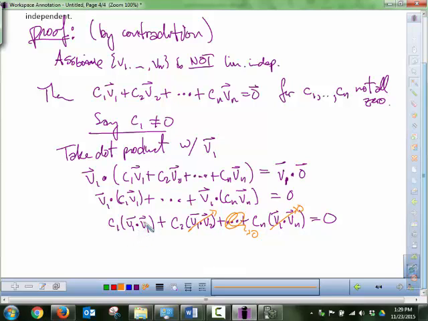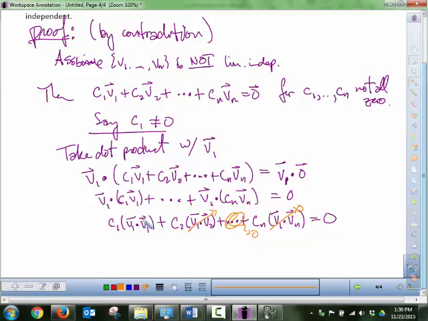Now, V1 dotted with itself is what? It's not 0. What's the dot product of a vector with itself? Do you guys remember? Do you guys remember what happens when you dot a vector with itself?